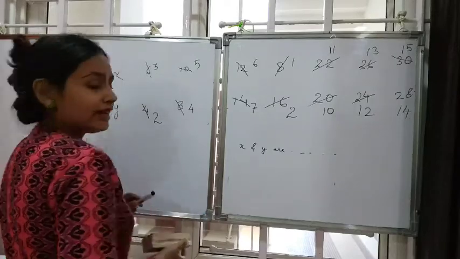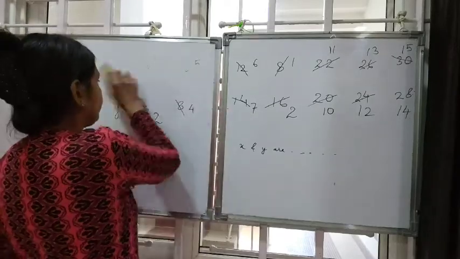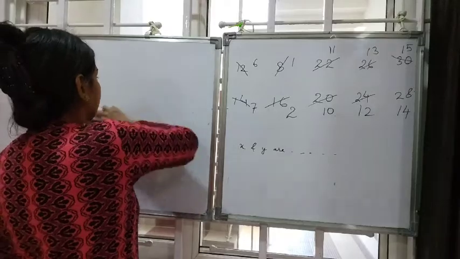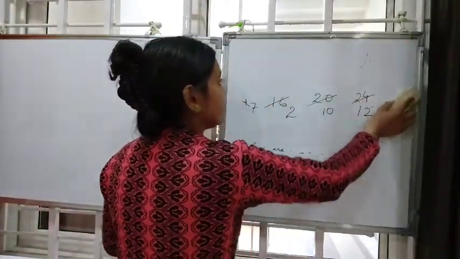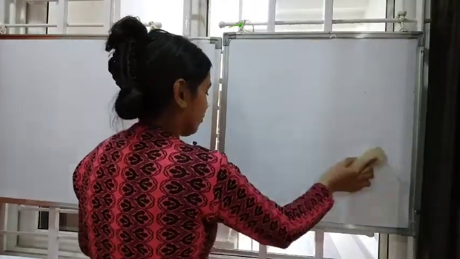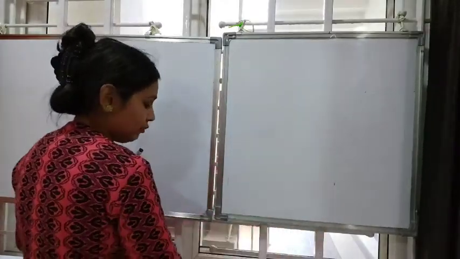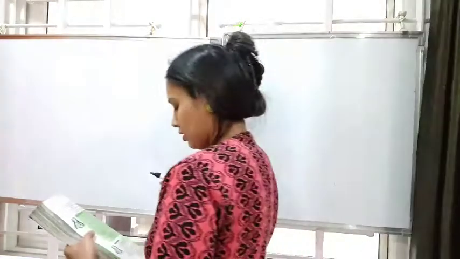So this was the second one, then we do the third one. Children, we are doing this in the book itself, not in the copy. So now this is the third one.